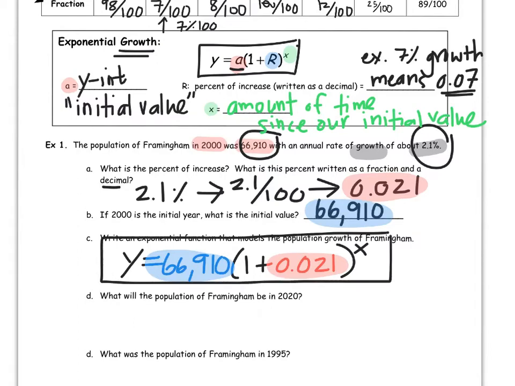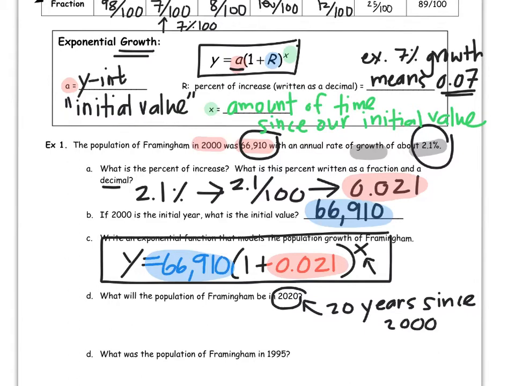Next, it asks, what will the population be of Framingham in 2020? So first I have to look at this 2020, and our x right here comes from how much time since our initial value. We started recording population in 2000. 2020 is 20 years since 2000.